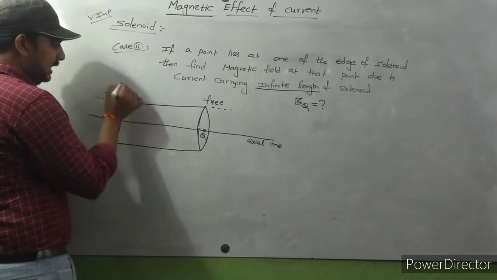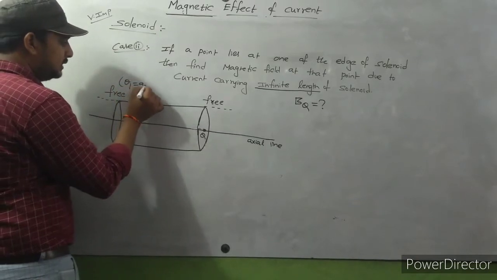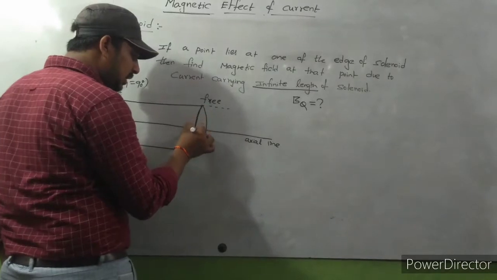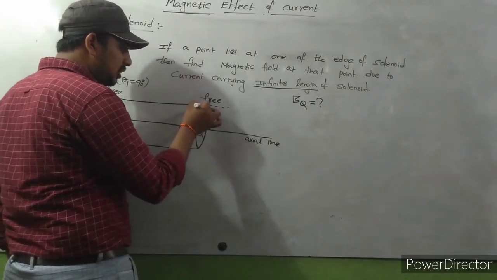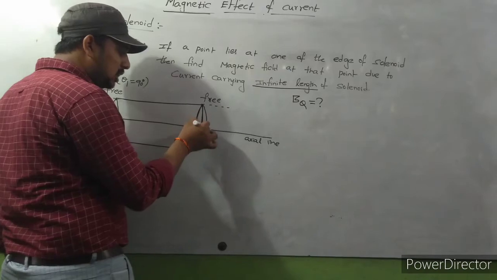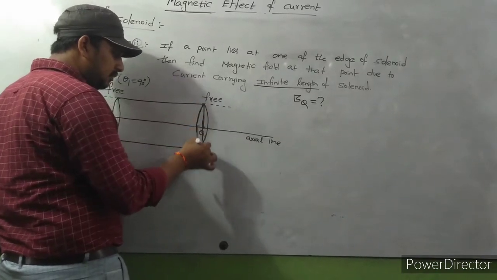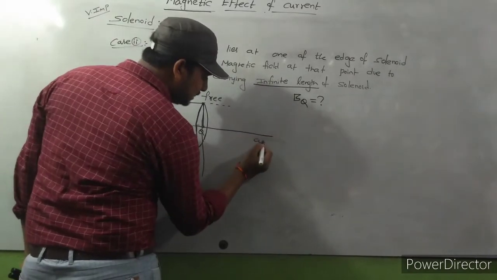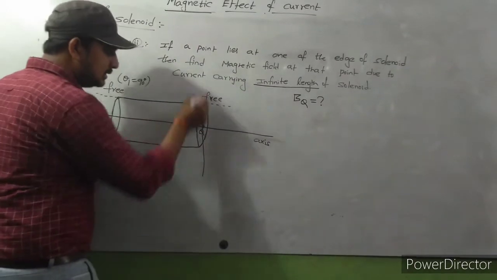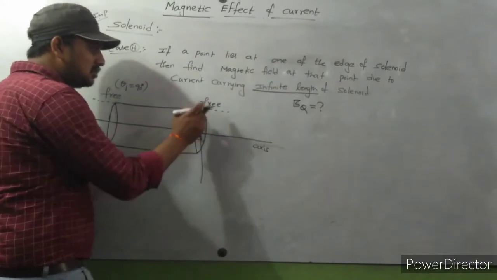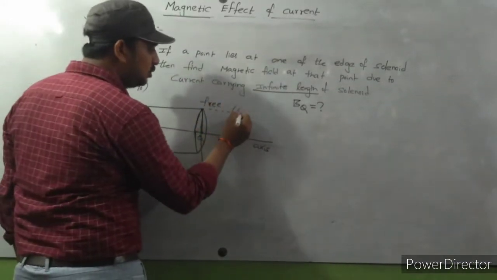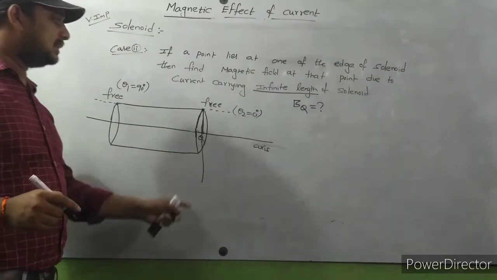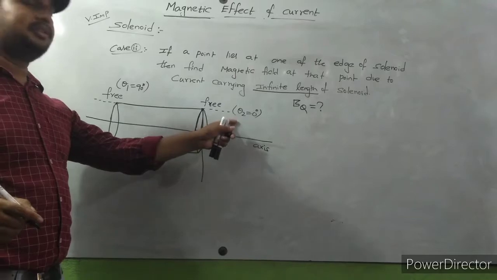So that's why theta 1 is equal to 90 degrees here. This is also a free end, but the point lies on the axis. You know already, whenever the point lies on the axis, this is also one more axis we draw. So this is an axial line which is passing through. This is one axis, the horizontal axis. This is the vertical axis. The point lies on the axis of this free end. That's why here theta 2 is equal to 0.